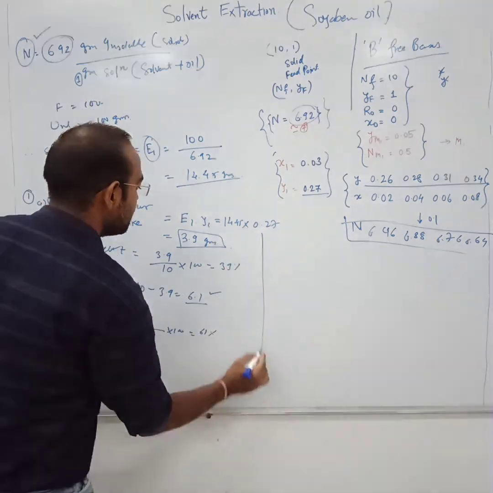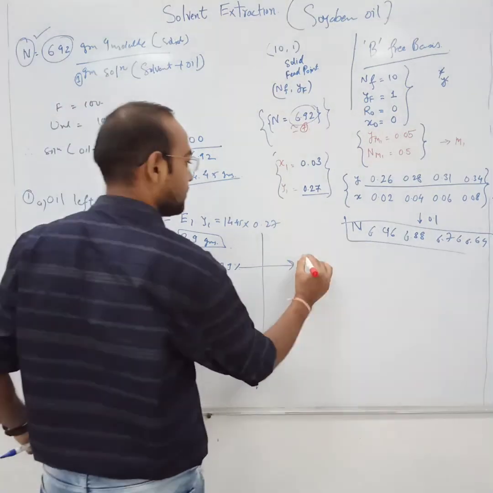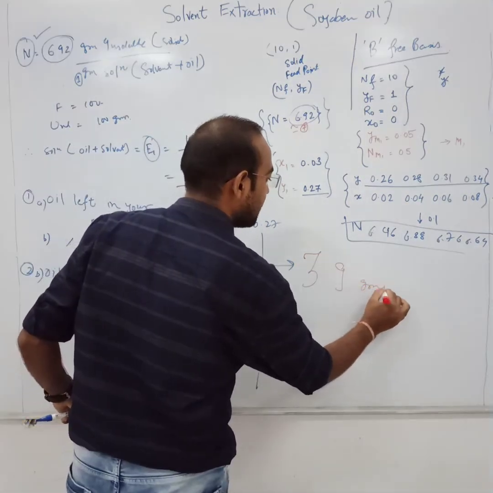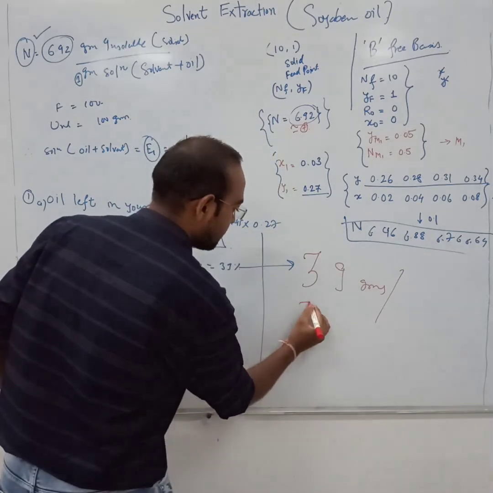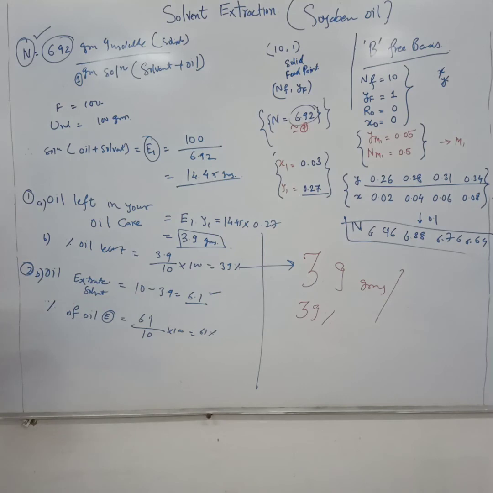So our final answer is that the oil left in your oil cake is 3.9 grams or 39%. This is our final answer.